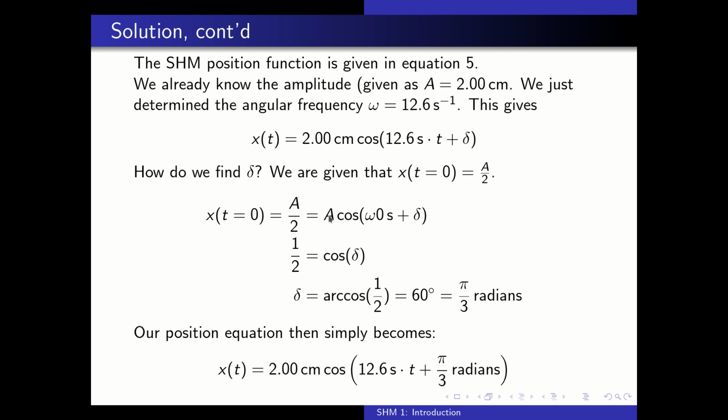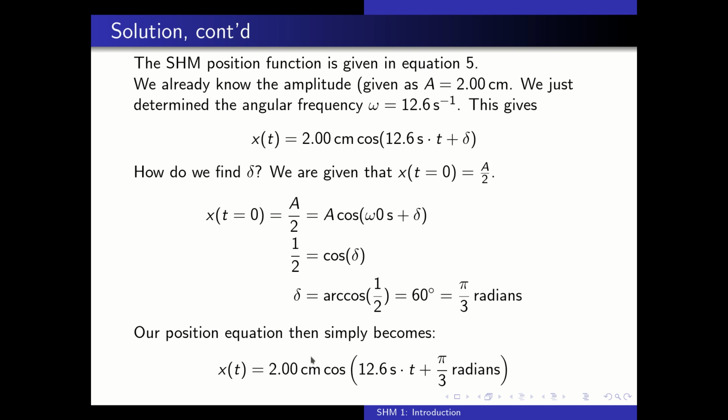And that must be equal to the amplitude, which is 2 centimeters, but we don't need that information now, so we're not going to use it, times the cosine of omega times 0 seconds, plus delta. So I can divide A out of both sides, which gives me 1/2 is equal to cosine of delta, because of course omega times 0 is 0. Delta is equal to the arc cosine of 1/2, which is equal to 60 degrees, or pi over 3 radians.